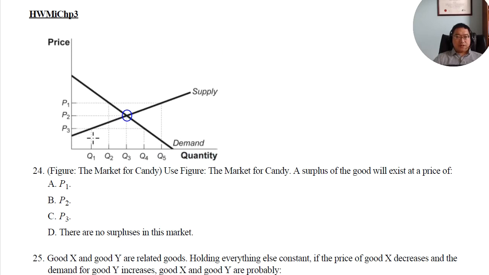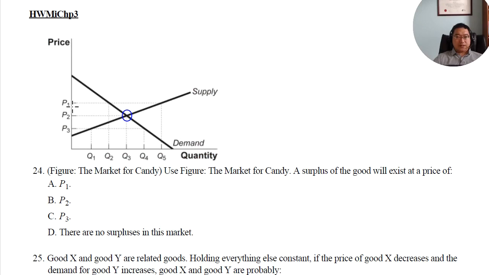If we are at P3, the quantity demanded is higher than the quantity supplied. The quantity demanded will be Q4 and the quantity supplied will be Q1 at the price of P3. So that is a shortage.